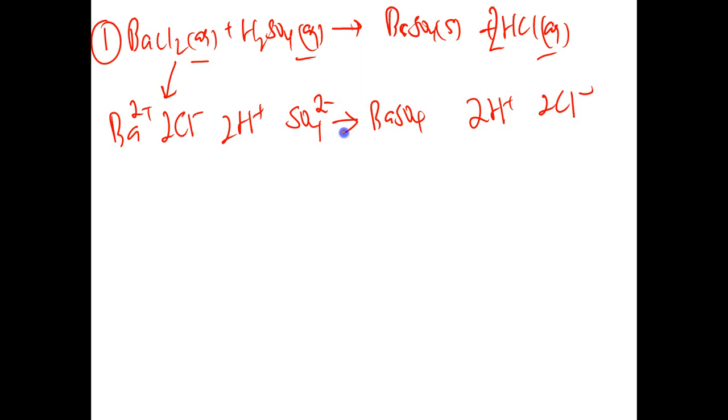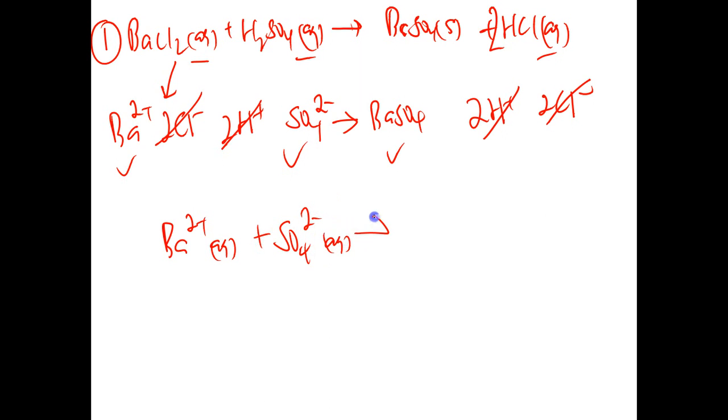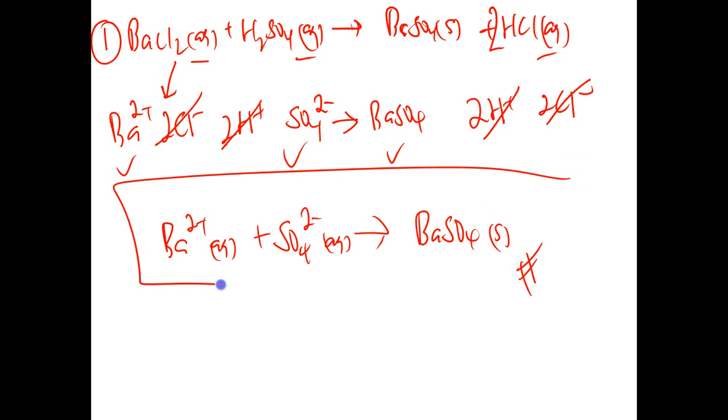So left and right side we cancel out. What can we cancel? We cancel the Cl-, we cancel the H+, and we are just left with these three ions. So we merge these three together, and what we have is the ionic equation. Ba2+ plus SO4 2- gives you BaSO4 solid.